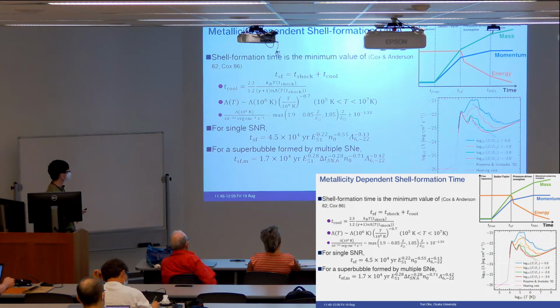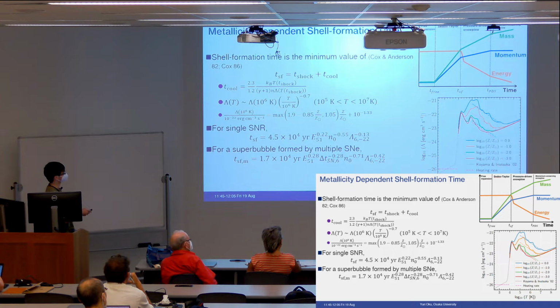I want to start from the analytic theory of a supernova remnant. This is a simplified picture of how a supernova remnant grows in time. It grows in 4 steps.